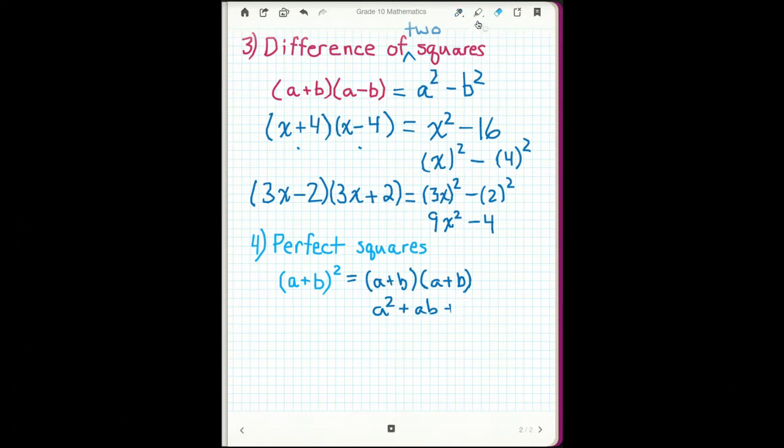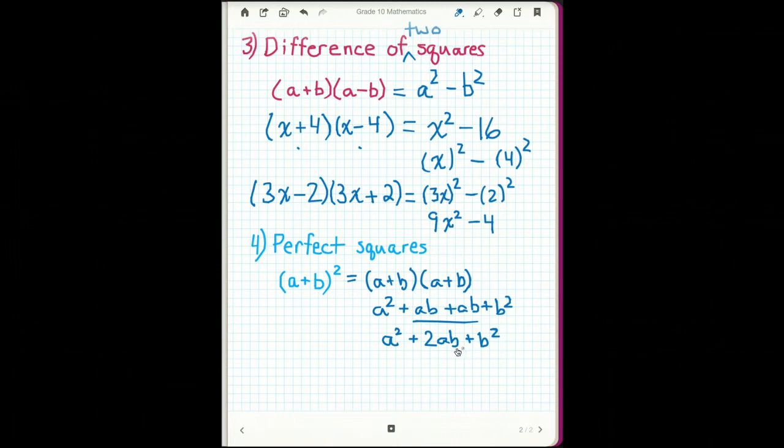It doesn't matter what order if we're multiplying. So plus AB plus B squared. What you notice here, unlike the difference of squares, is these two terms don't cancel. They're exactly the same, so they add together. And I end up with A squared plus 2AB plus B squared.